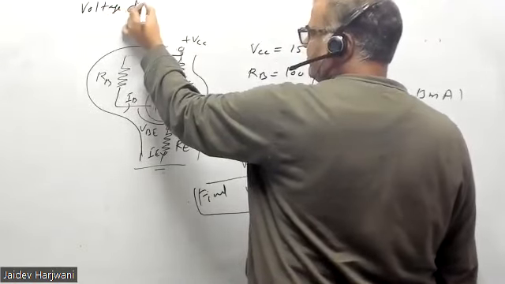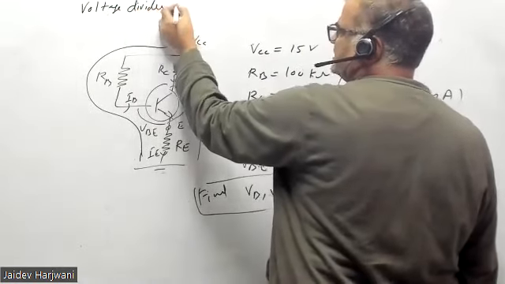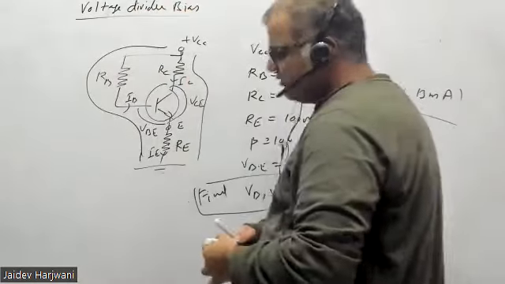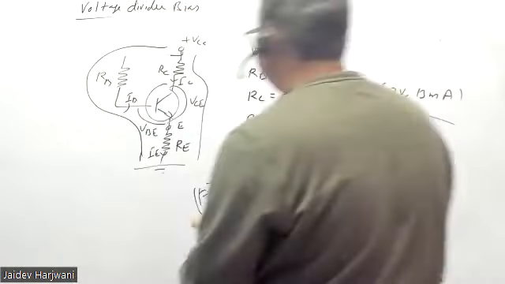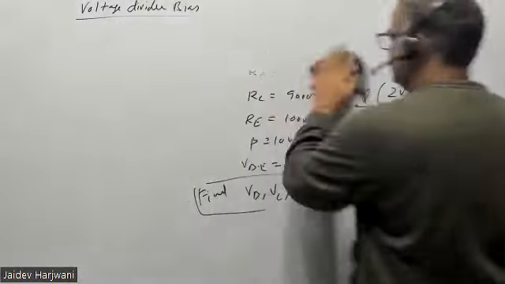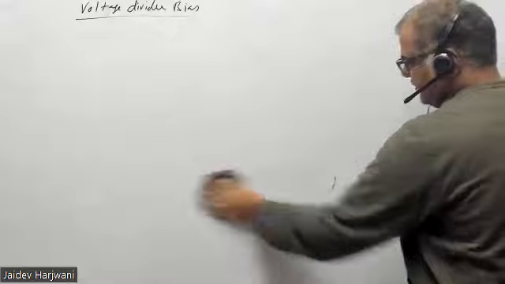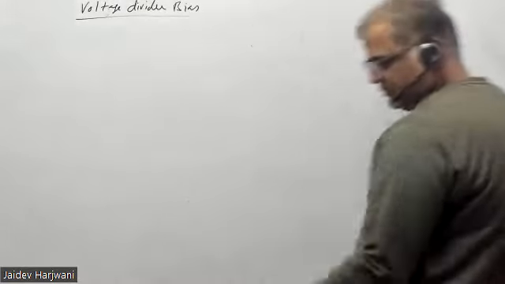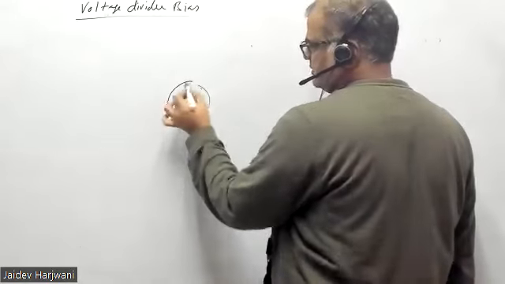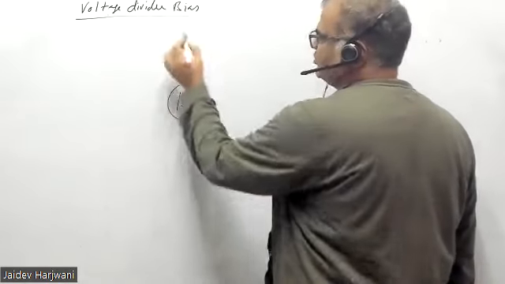We will mainly practice this one, voltage divider bias, but you should know how to solve the circuit for every kind of bias. So, voltage divider bias. This is most important.